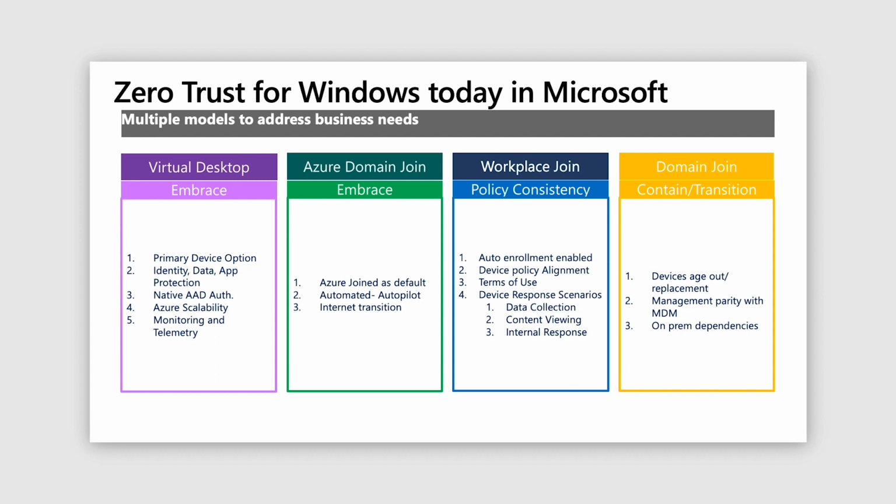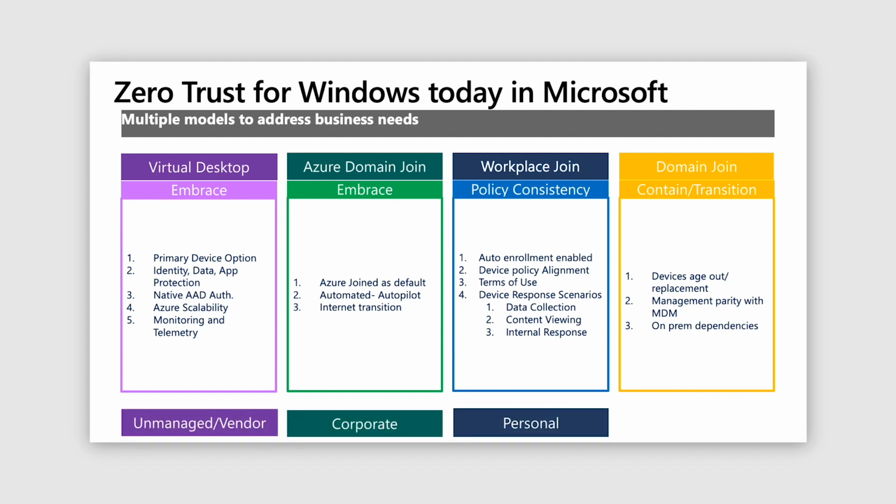And last, we have the domain scenario, which, to be honest, we're moving away from. And so as machines age out, those are actually going away. But we do have parity with our MDM policies, and then we're just tracking which ones will migrate faster as we migrate the entire company toward Azure and toward the Windows Virtual Desktop scenarios.